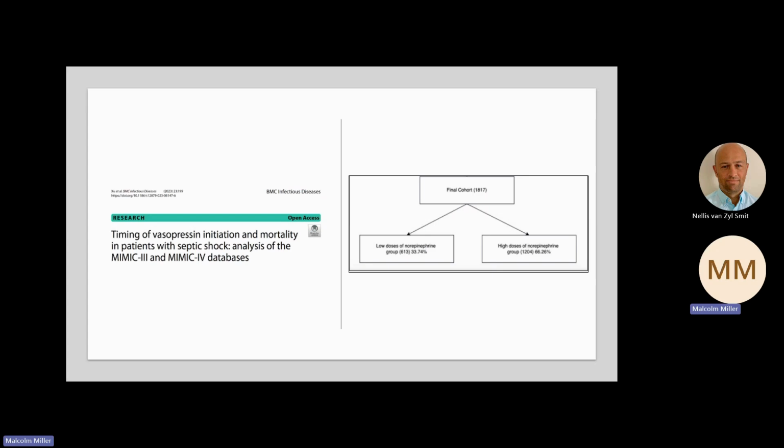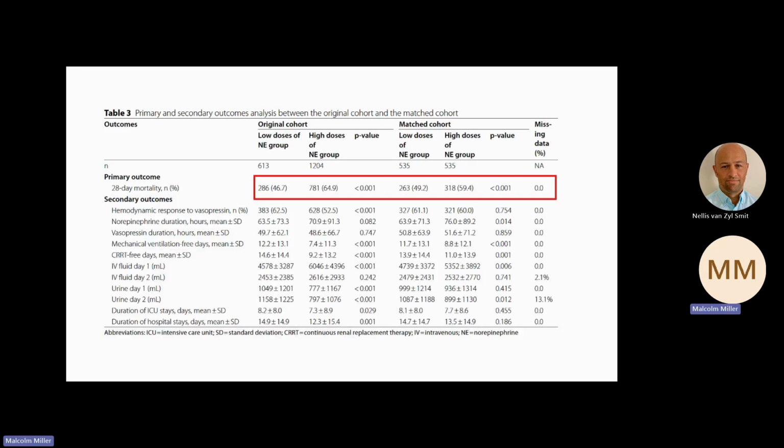The timing of vasopressin has been looked at in a massive American database. And really, once again, it showed that early use of vasopressin, particularly when the dose of noradrenaline is still quite low, and by low, it's less than 0.5 mcg per kg per minute, shows significant benefit.